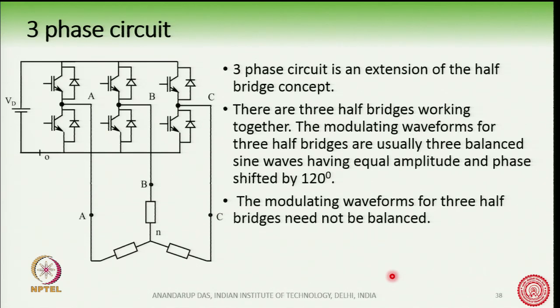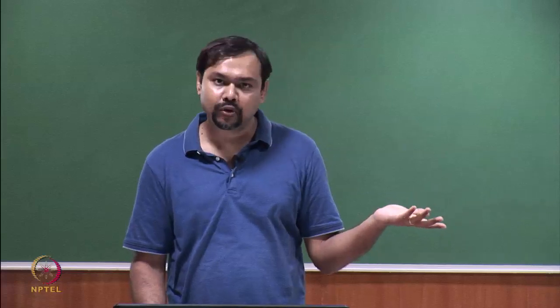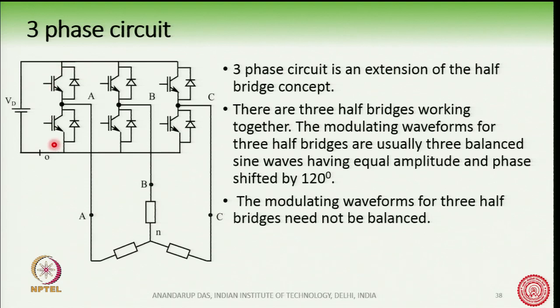Okay. They do not know that there exists one more leg. So, by putting these three legs, we are basically extending the concept of the half bridge. And this converter, which is a 3-phase converter, is nothing but 3 half bridges working together.